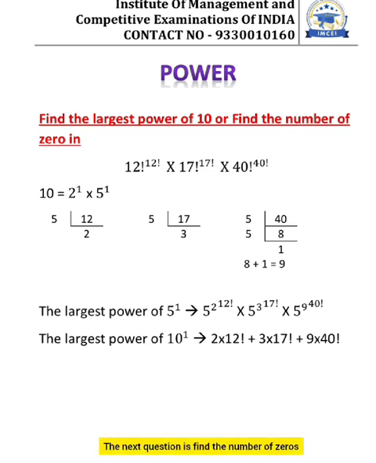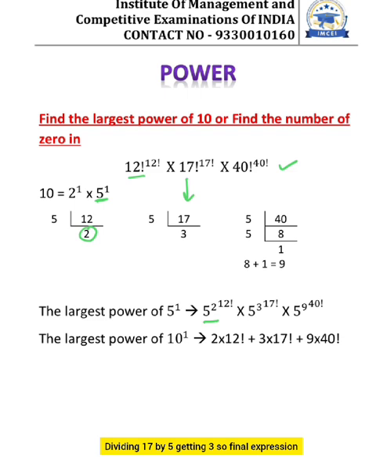The next question is to find the number of zeros in this expression. In case we are finding the number of zeros, that means we need to find the number of tens. The expression is in multiplication format, so we just need to find the number of 5s here, not the 2s. Dividing 12 by 5, getting 2, the expression becomes 5 to the power 2 into 12 factorial.